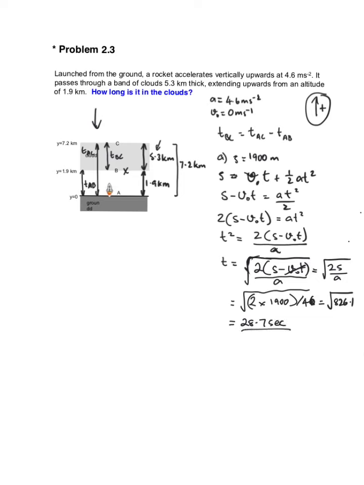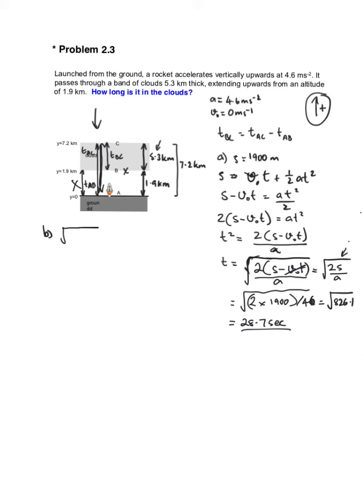So that's the time to go from the ground to the base of the clouds. Now all I have to do is exactly the same thing to find this one. We just use the same expression and the same working.